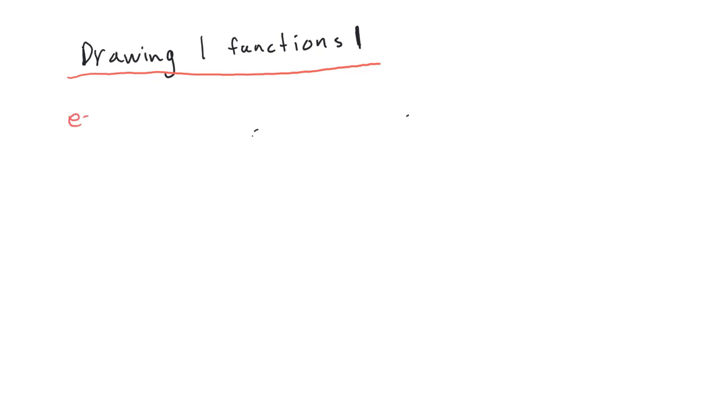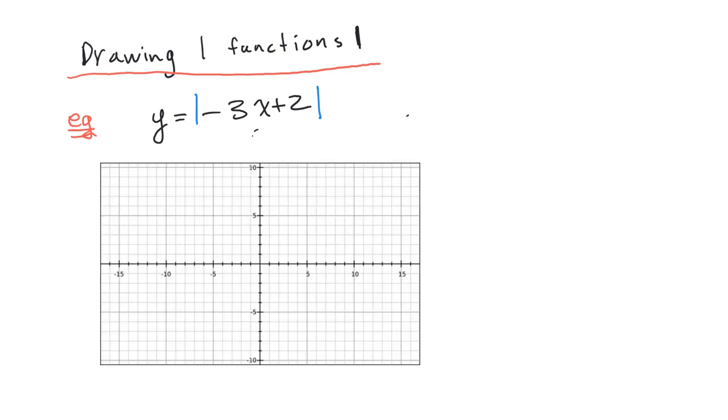Let's say that I ask you to draw the function y is equal to negative 3x plus 2. But this time, we're going to use the absolute value of that function. The key to success for drawing these types of functions is you need to understand something about the graph.